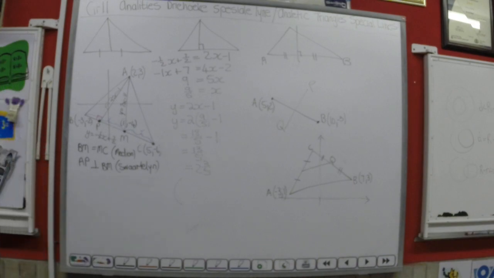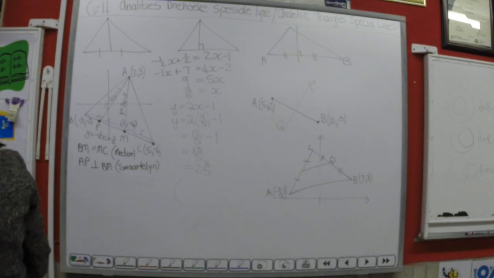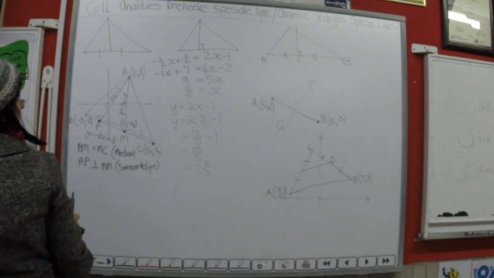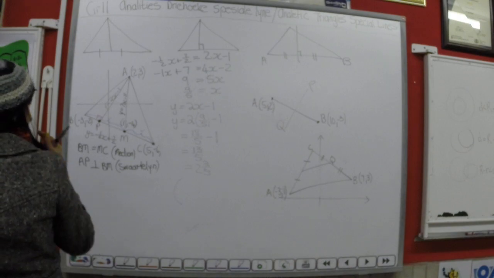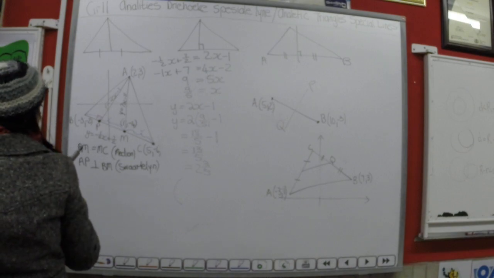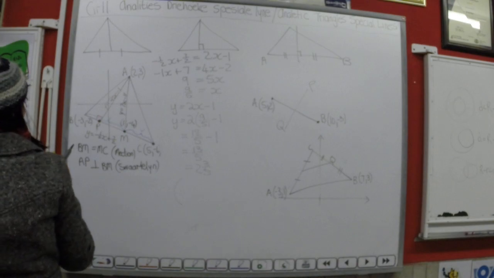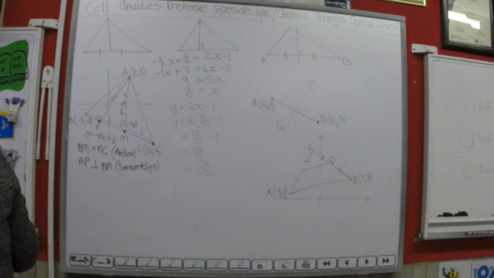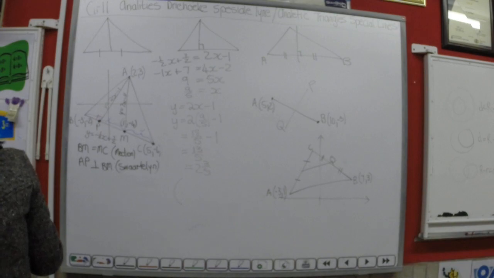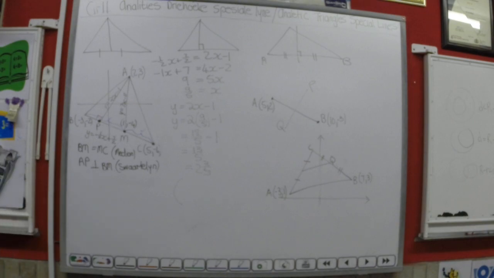Net gou sien, julle ouens, daar's 'n fout. Ek het 2y plus x is minus 7. Plus x minus 7. Okay, there's just a sign mistake over there.